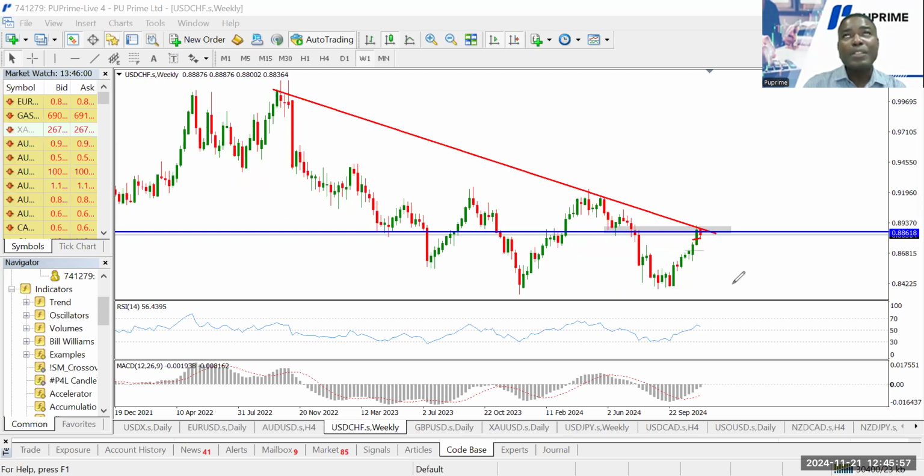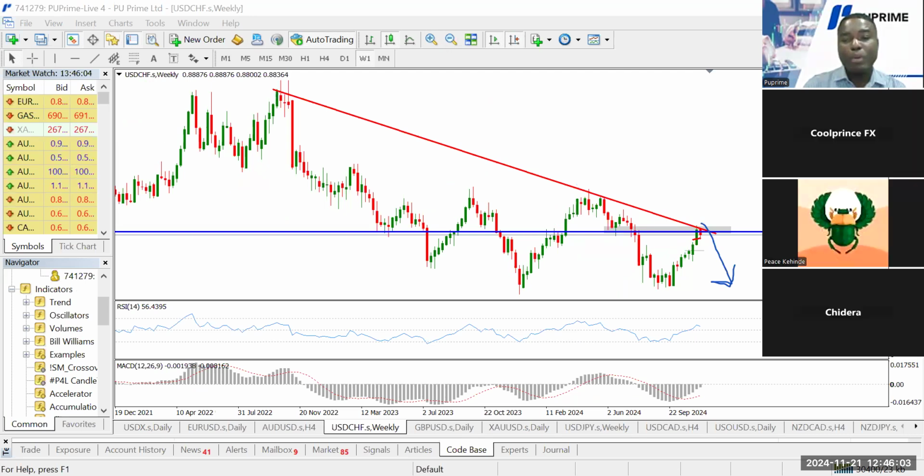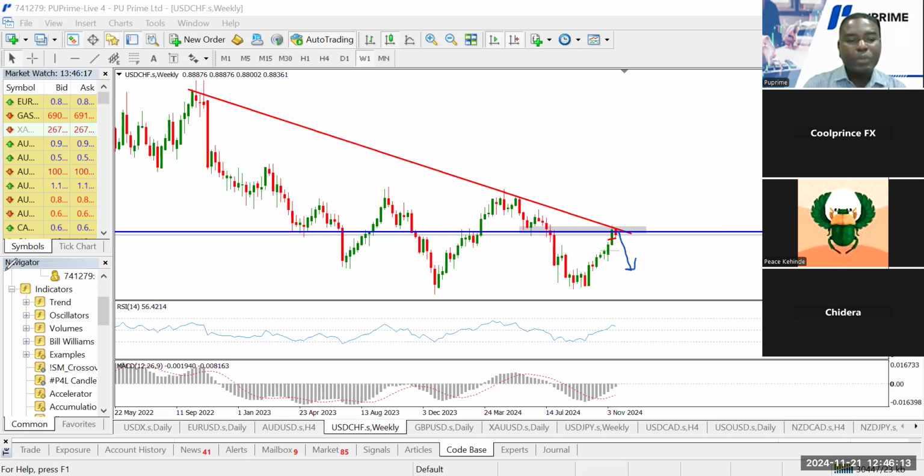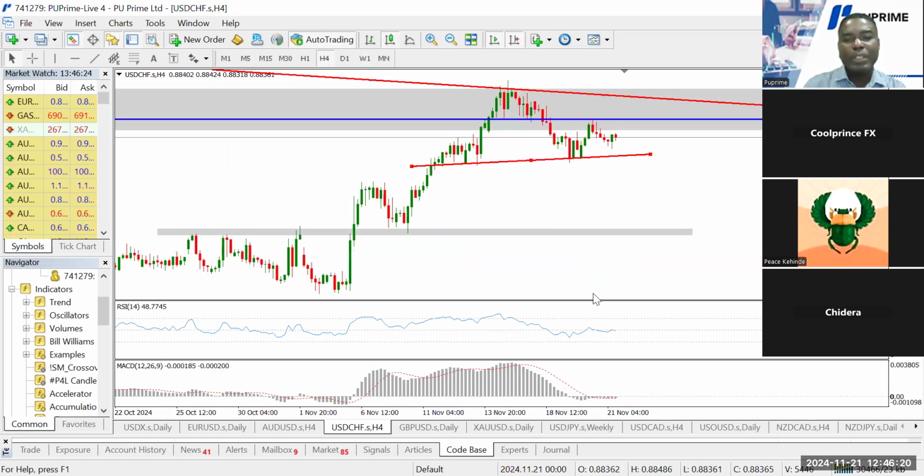So we have a descending trend line where we expect a bearish movement. And also, we equally have a support turned resistance, which is also another indicator of a bearish movement on the USD CHF.